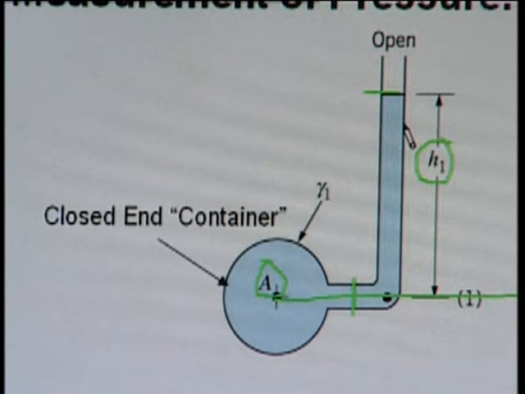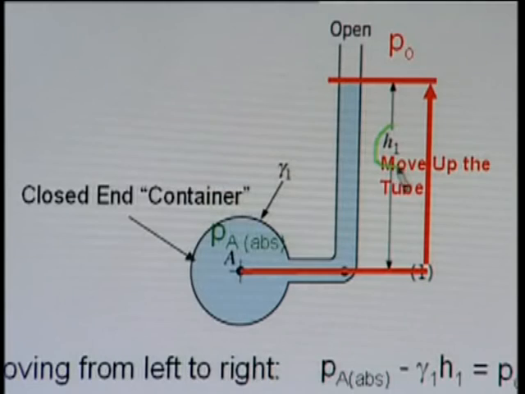So we can write the formula based on this simple principle: PA absolute is equal to this one. As we go upward, we subtract, because pressure reduces, so minus γ₁H₁. What is the pressure exerted by a column of fluid of height H₁?